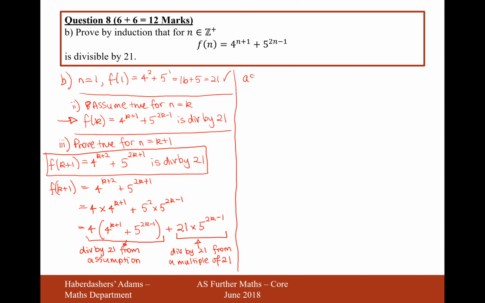So as the addition of two multiples of 21 is also a multiple of 21, f of k plus 1 is equal to a multiple of 21.